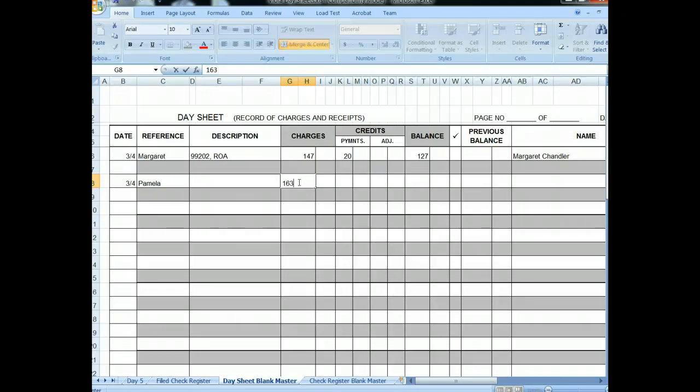So we had $163 total charges. She didn't give us any payments. She had no previous balance because she was a new patient. So it's still $163. We're going to put Pamela Cameron.